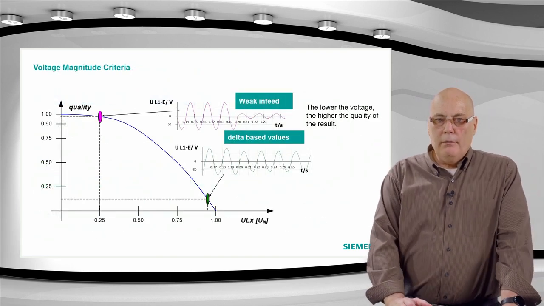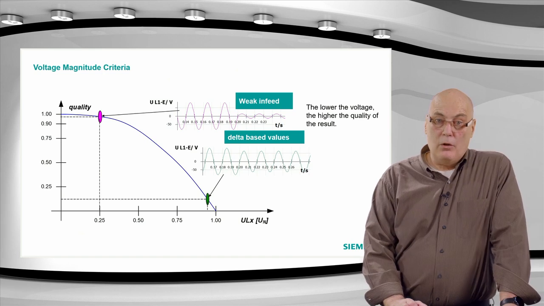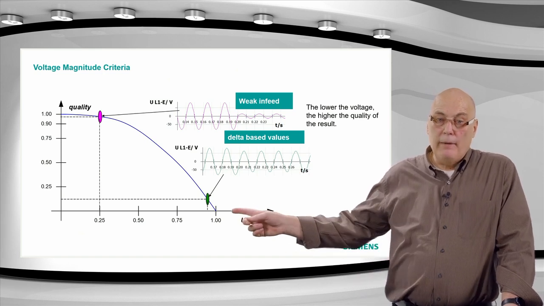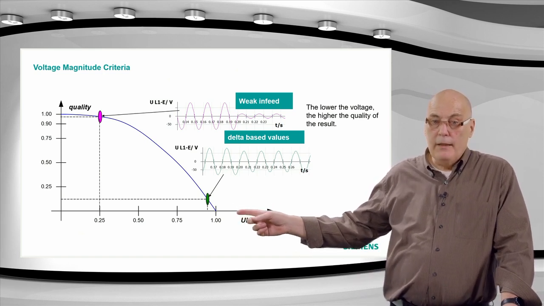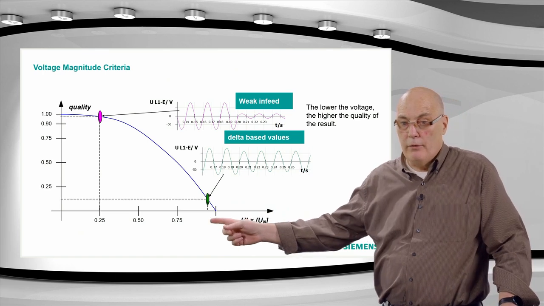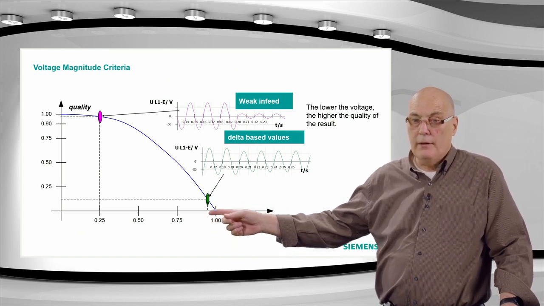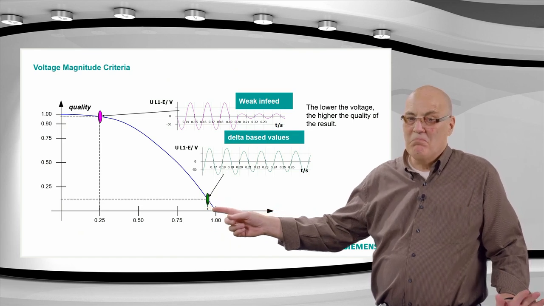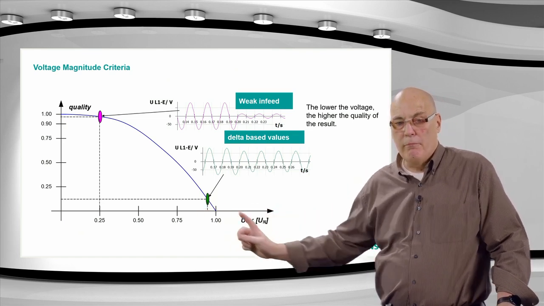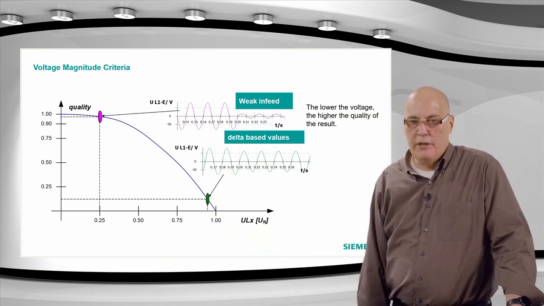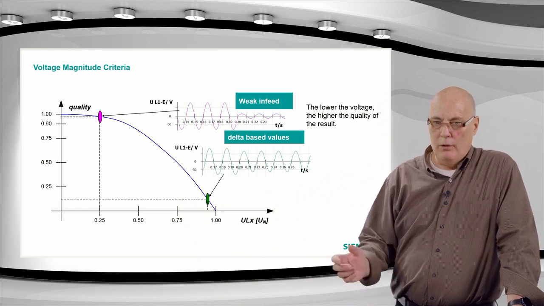Here's one criteria, a voltage magnitude criteria as an example. Obviously, if the voltage magnitude is not decaying, remember this would be rated voltage 1, and if the voltage during the fault only drops a little bit, then you would say, okay, I could be a fault, but very small uncertainty, only a very small quality, 0.1 or less.